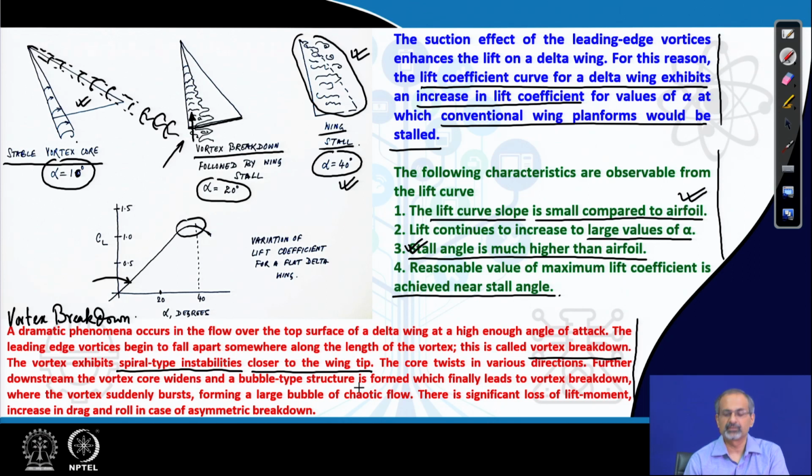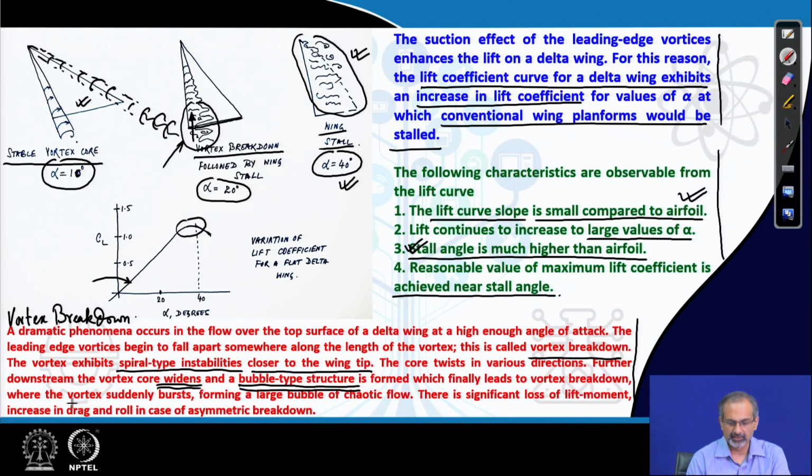At intermediate angles of attack, the core twists in various directions, it becomes more disorganized gradually. Further downstream, the vortex core widens, it becomes a much wider structure, and there is a bubble like structure developing, and which finally breaks down, leading to a large scale disintegration of the vortex structures.